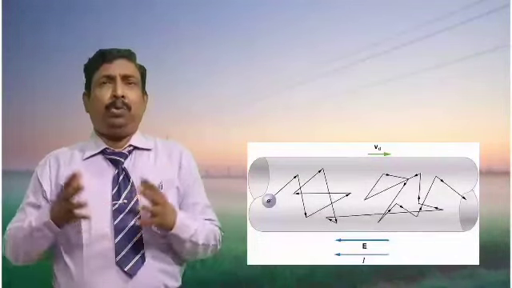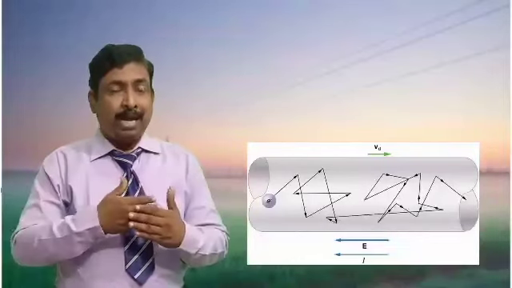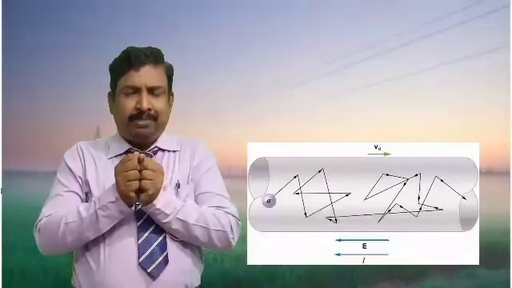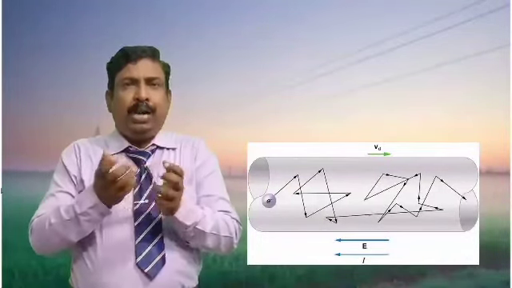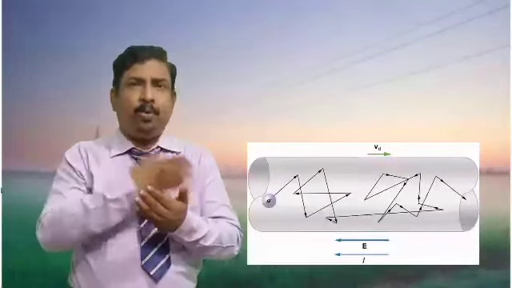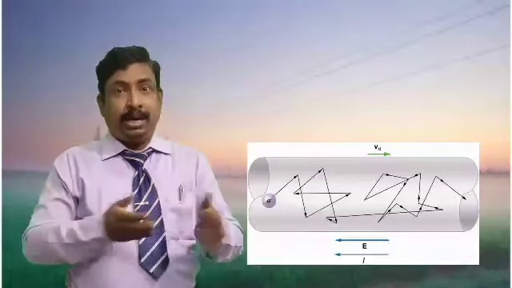We wonder how so many electrons pass through the metal. Because metal is a solid and in a solid all the atoms are closely packed. Where do they get the space to move through the metal, as if it were going through a vacuum?